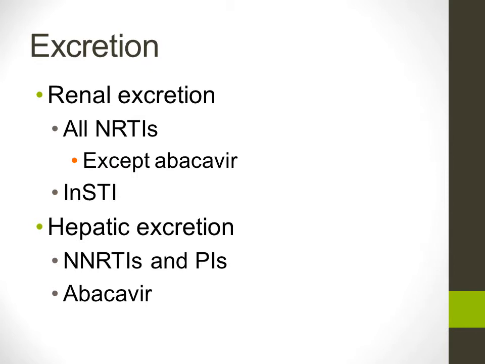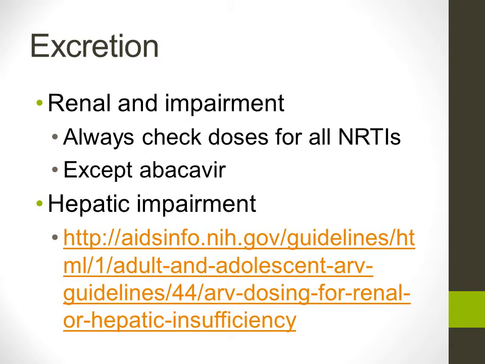The non-nukes and PIs and abacavir are excreted hepatically. I'm providing a link for you to be able to check the renal and hepatic dosing for all of the antiretroviral medications. It's always important to check the renal dosing for all nukes, maybe except abacavir, and the hepatic dosing for all other medications, and this information is readily available at this website.